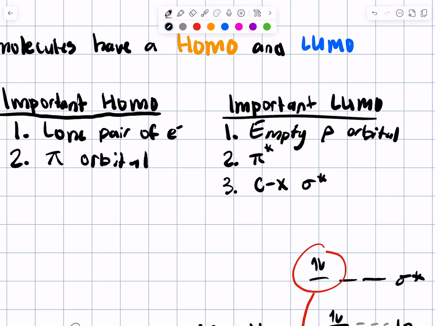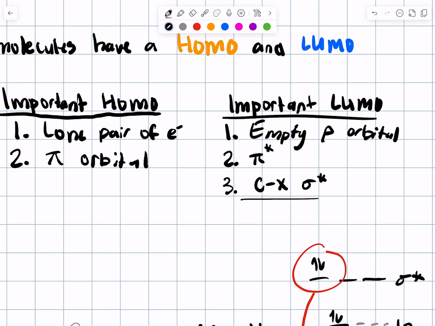That means chlorine, bromine, iodine, so the far right, next to the noble gases. That's usually what is in place of X. So if I have a C-Cl bond, a carbon-bromine bond, a carbon-iodine bond, it's going to be the anti-bonding orbital to that. Now there is a basis for this.